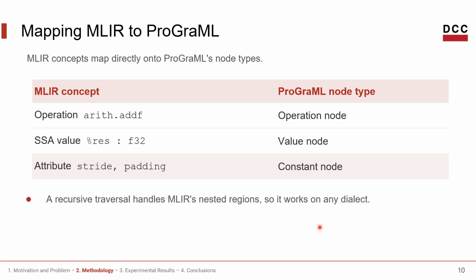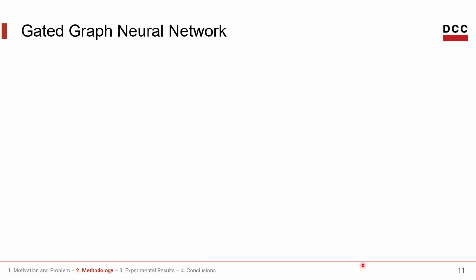And another difference as well is that MLIR has nested regions. So I basically do a recursive traversal to handle these nested regions, basically flattening the MLIR structure onto a ProGraML graph. And this tooling, this conversion tooling, is open source and is available at this repo right here.